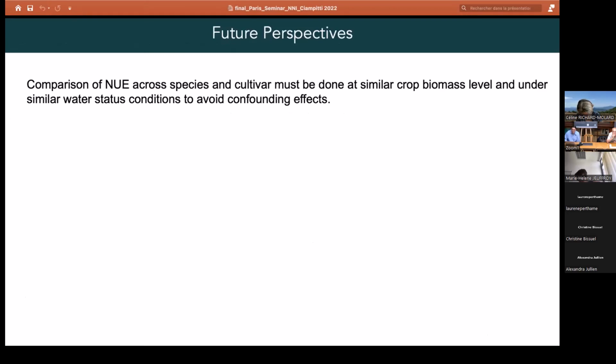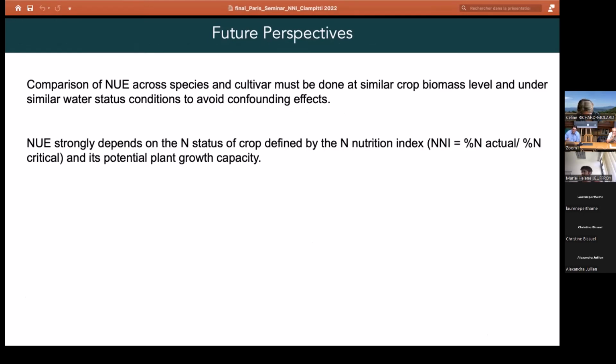So to finish, this comparison of NUE across cultivars and species must be done at similar biomass. Think about the water status. Think about the influence of other nutrient-limiting factors to avoid confounding effects. From my personal opinion, I would potentially like to write a paper to move out of the NUE.